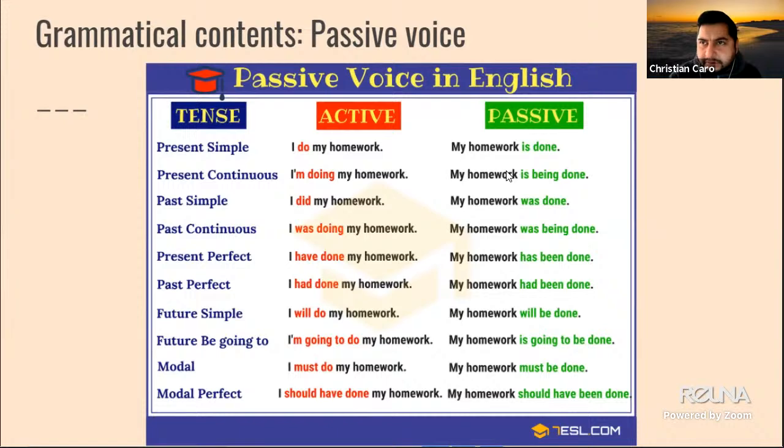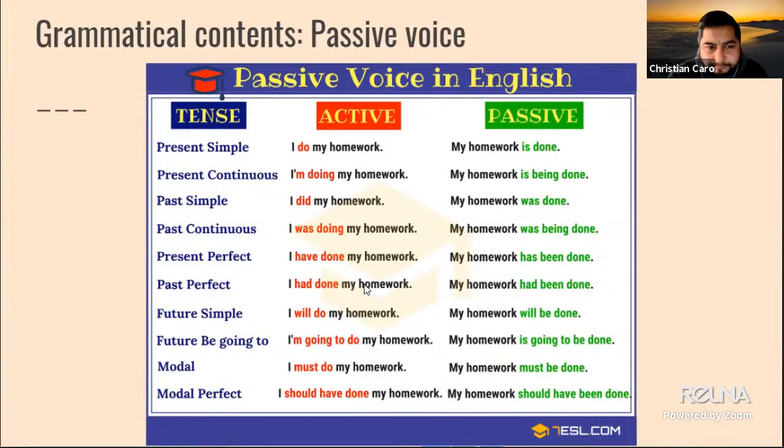Passive voice is commonly used in formal contexts, right? Formal context, written and spoken. All right. I'm not saying that we shouldn't use passive voice in everyday life, but it depends on the context and the intention, right?